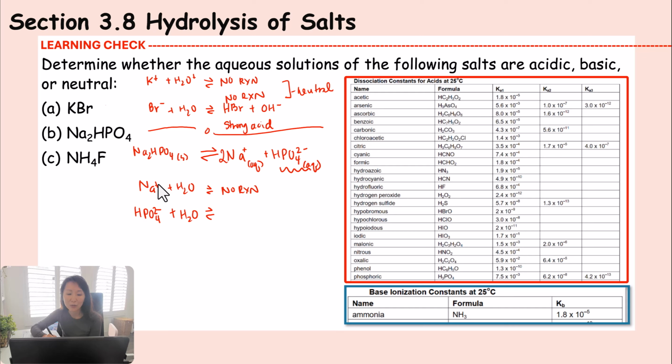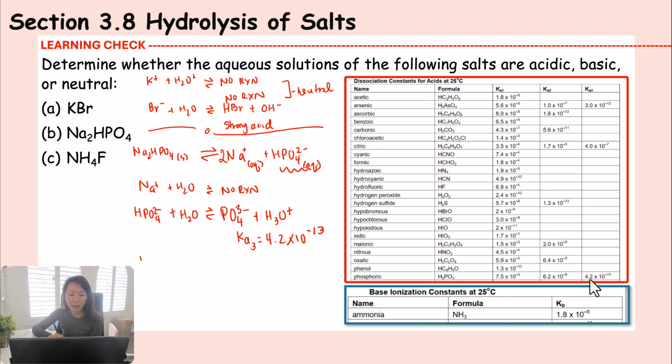It will become PO4 3 minus plus H3O plus. If it's an acid, you look at the dissociation constant for phosphoric acid, which is at the very bottom. It's the Ka3, because it's the very last stage where it's going to donate its last hydrogen. The Ka3 value for this is 4.2 times 10 to the negative 13.